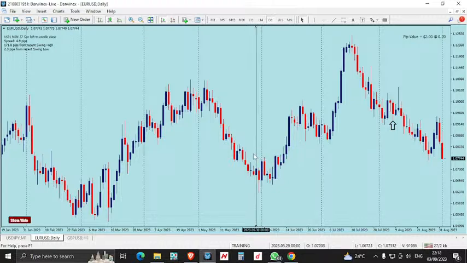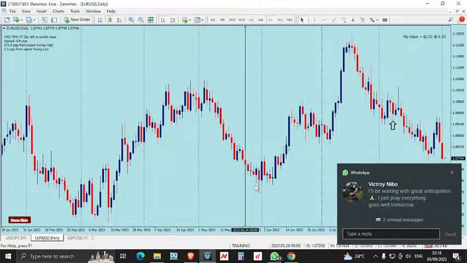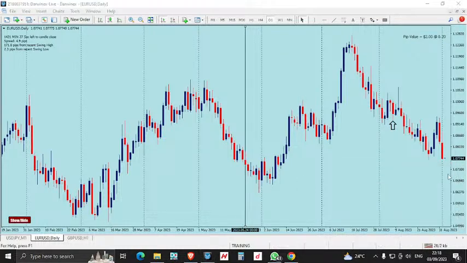Now at this bottom here, the candle opened here and went down, but the sellers pushed it; it went down, then the buyers pushed it up again.